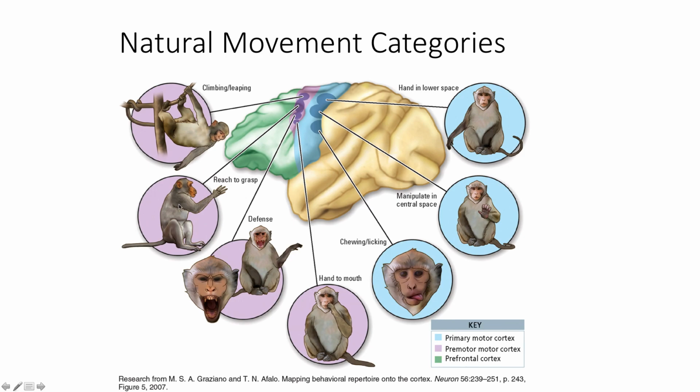And also, for example, reaching to grasp something. This is different from the last one because here they're not just moving their arm, but they also have to move their fingers so they can hold on to something.